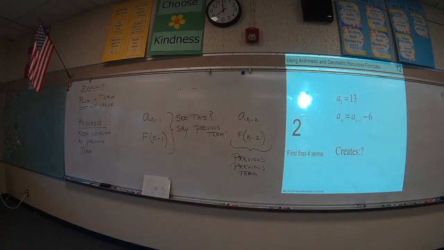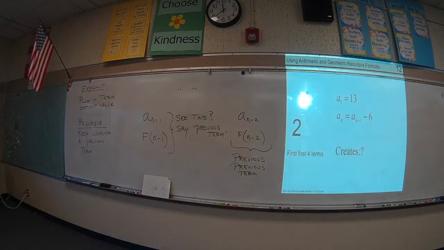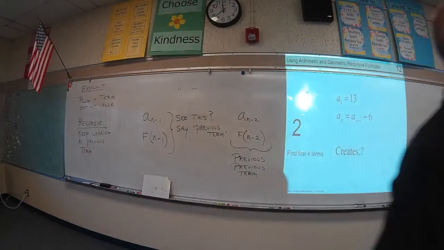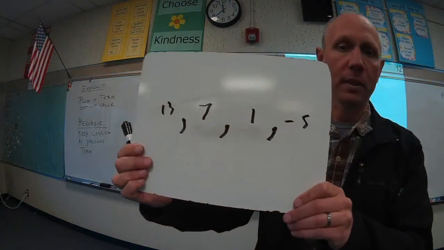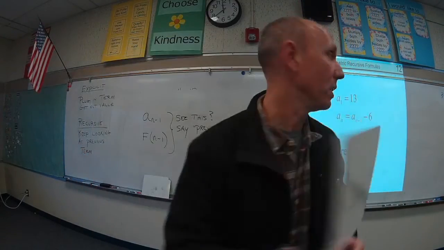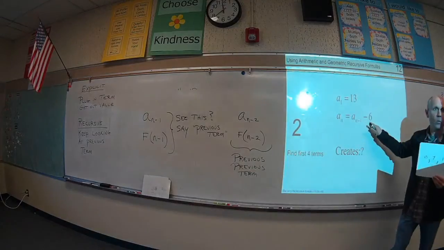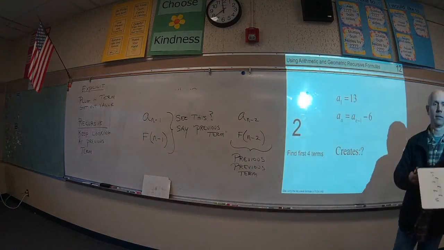Good. You know what, can I have your board? I'm gonna show it to the people at home, my viewing audience. So we started at 13, minus 6, minus 6, minus 6. Look back, take away 6. Look back, minus 6. Look back, subtract 6.